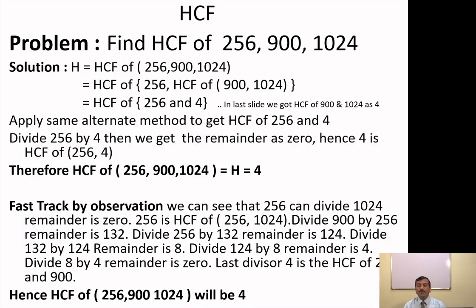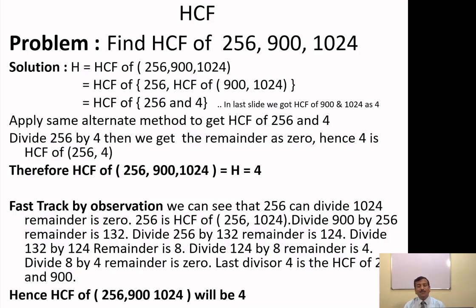Divide 900 by 256, remainder is 132. Divide 256 by 132, remainder is 124. Divide 132 by 124, remainder is 8. Divide 124 by 8, remainder is 4. Divide 8 by 4, remainder is 0.